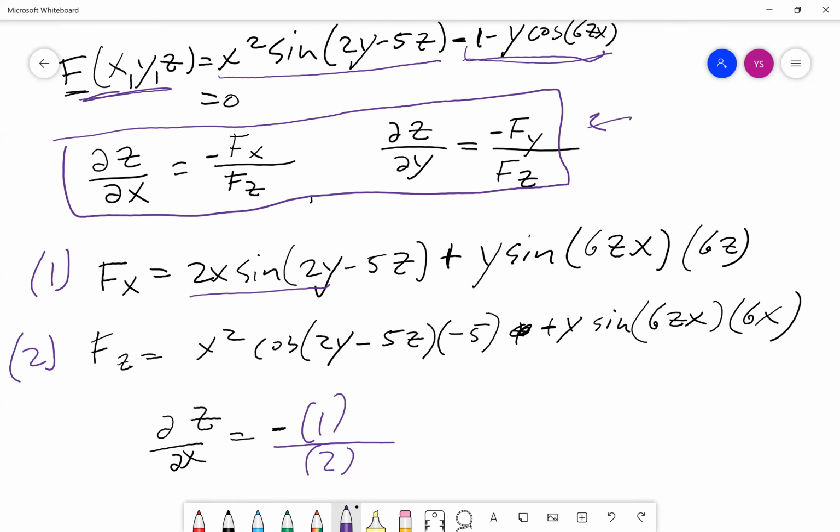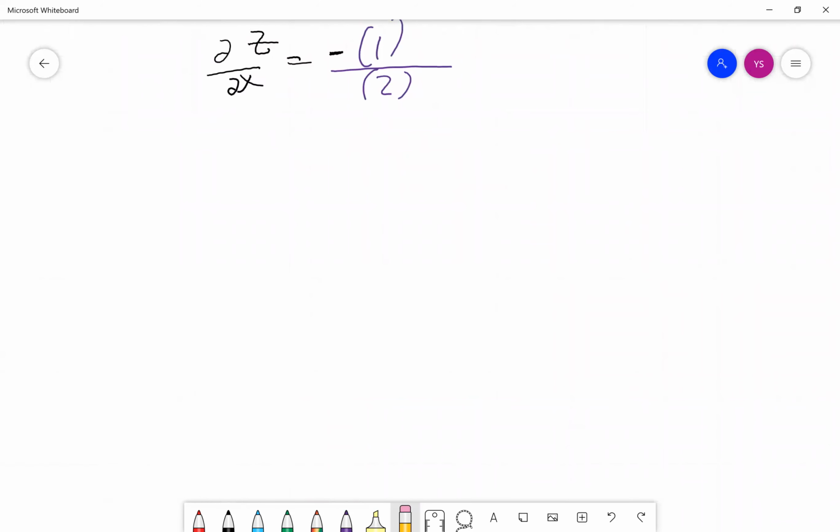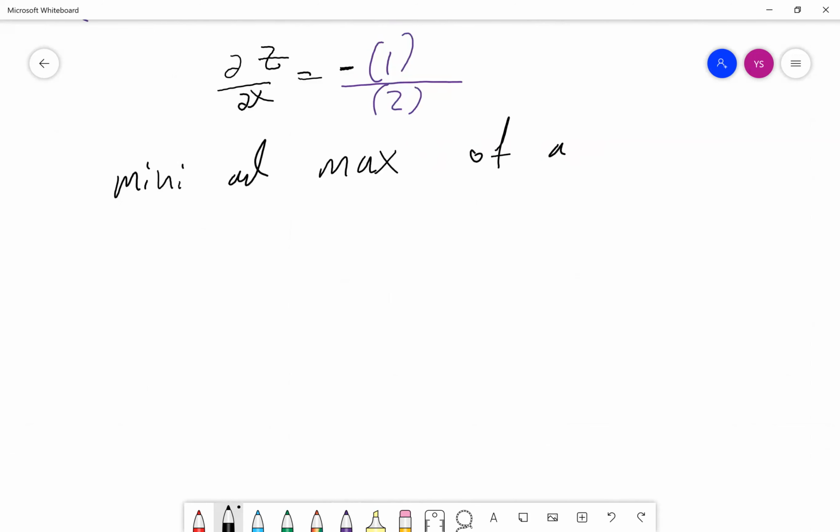So now let's move on to optimization, which is the next section. Okay, and the first goal is to find the minimum and maximum of a function.